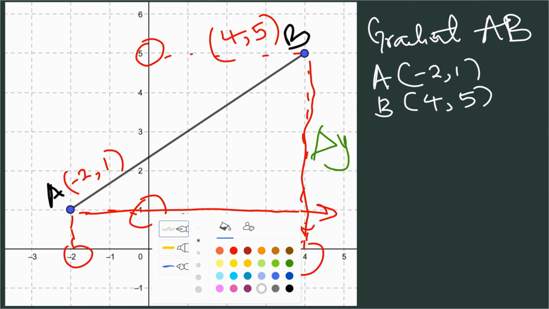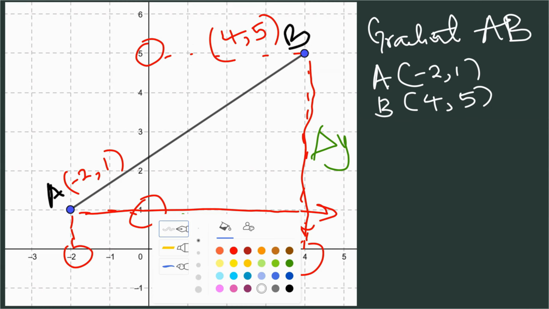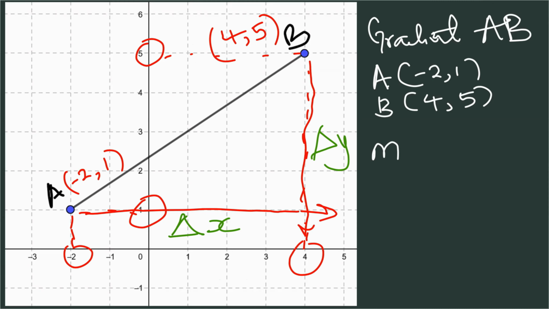I say that you are going to use the letter m, small m. You're going to use the small m to represent the gradient. And then in maths, because we are so lazy, you don't want to write change in wherever there is change. So we are going to use the delta to represent the change: the change in y, or the change in x.